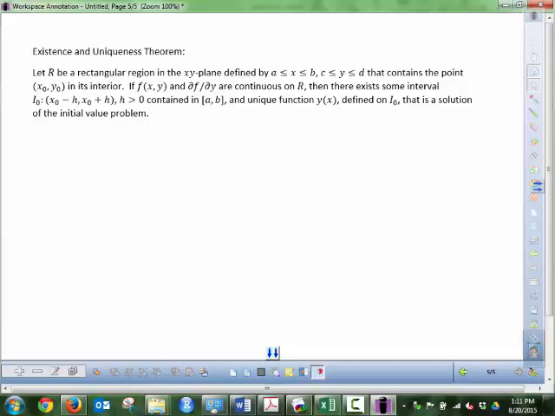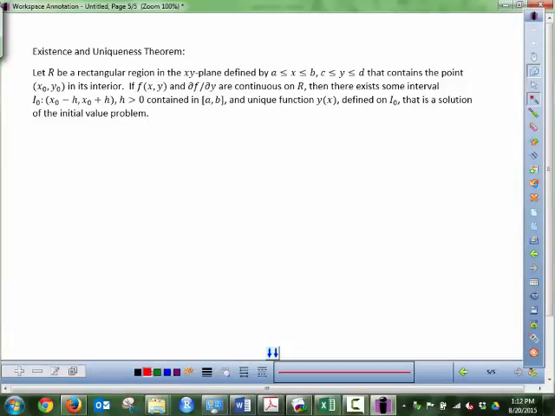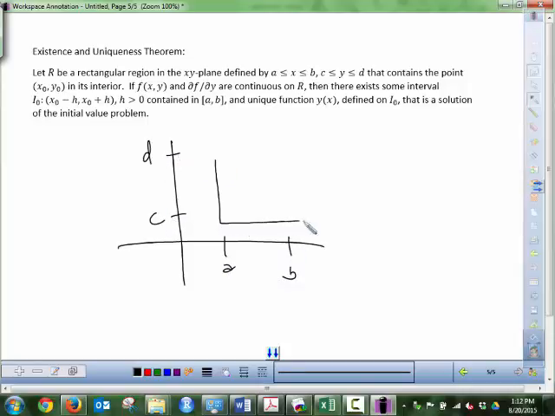R is a rectangular region in the xy plane defined with x between a and b and y between c and d. I guess we should draw this. It contains the point x naught, y naught in the interior.